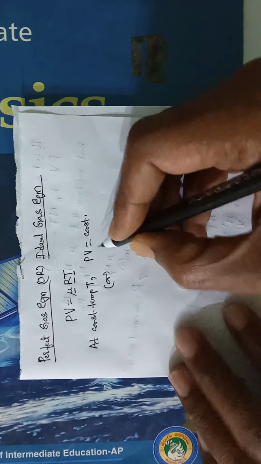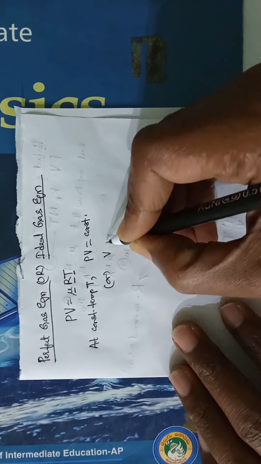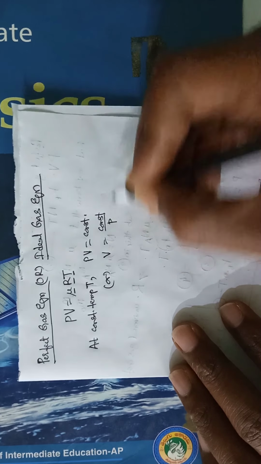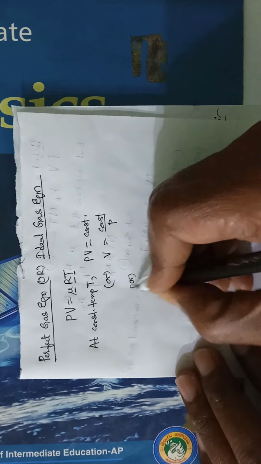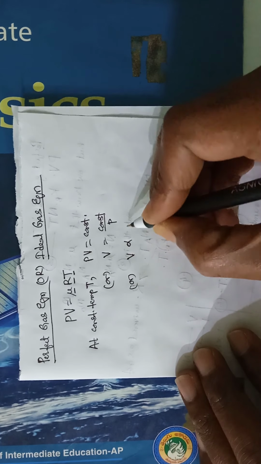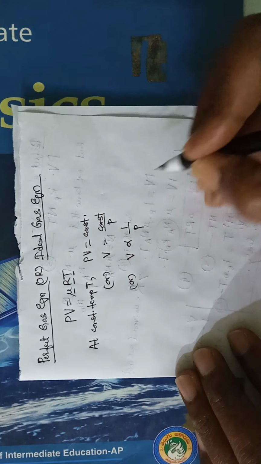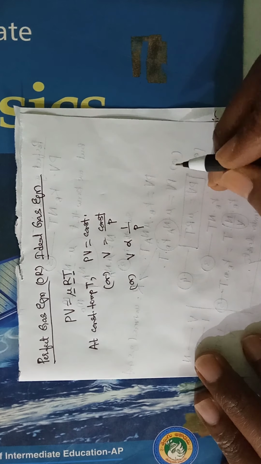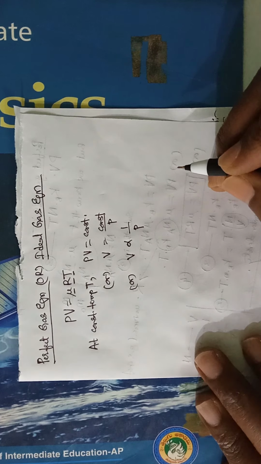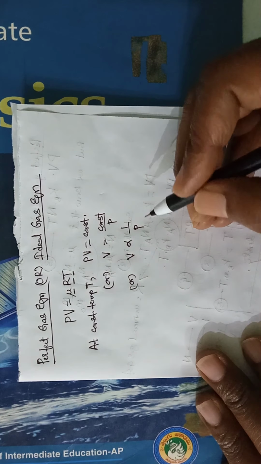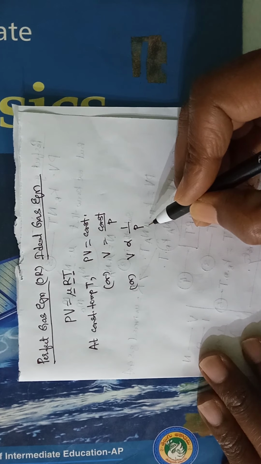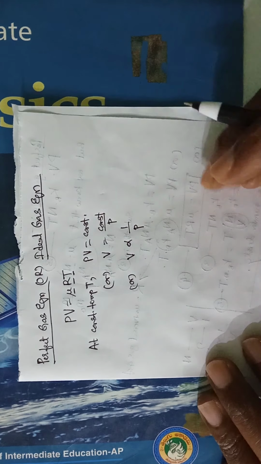Or V is equal to constant by P, or V is inversely proportional to P. So at constant temperature, the volume of a gas is inversely proportional to pressure, and this is known as Boyle's law.